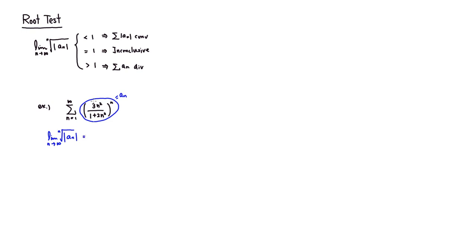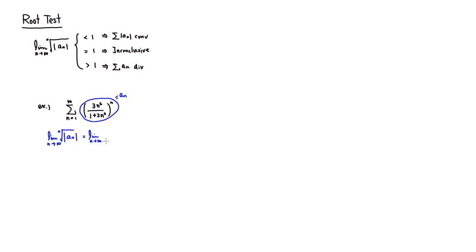So a_n is given here, so we have the limit as n approaches infinity. In this particular case, the absolute value sign doesn't really do anything because none of the terms become negative, so I'm going to remove the absolute value sign.